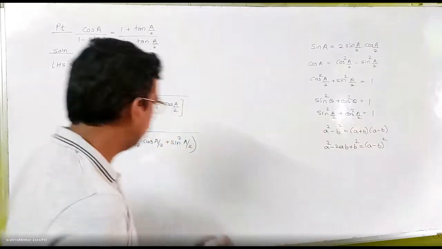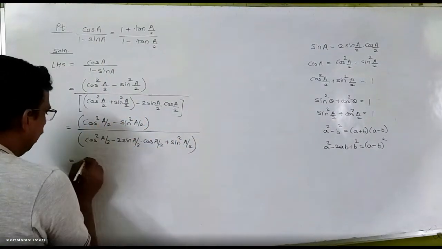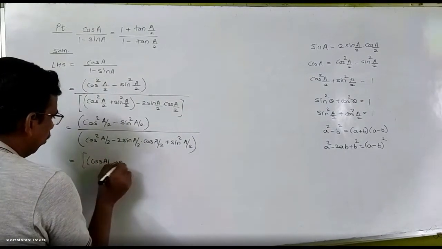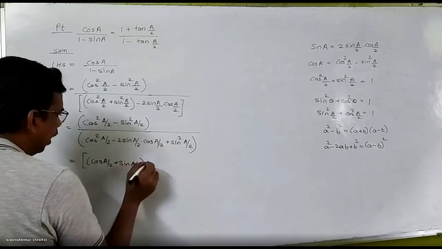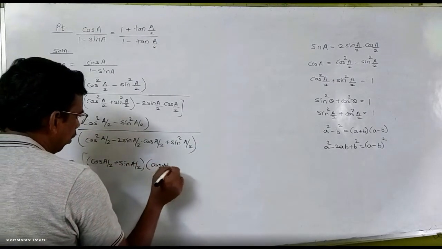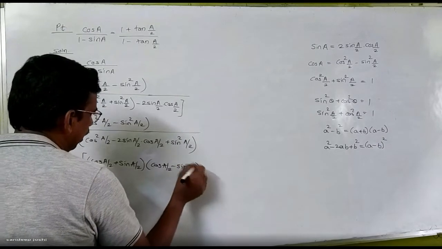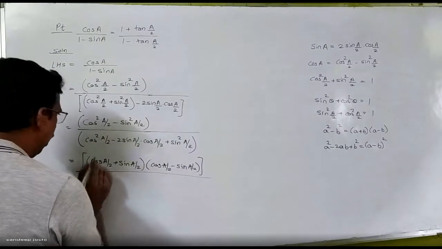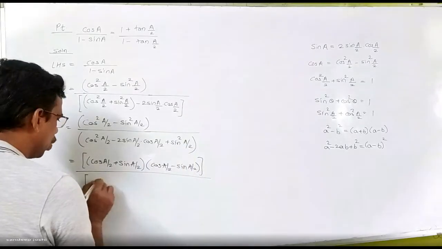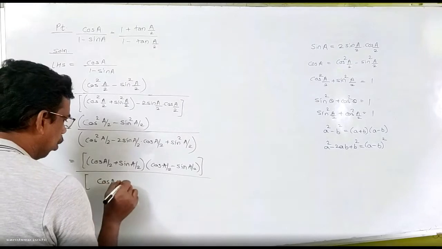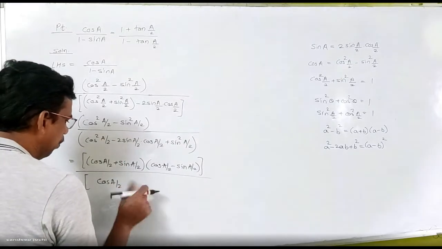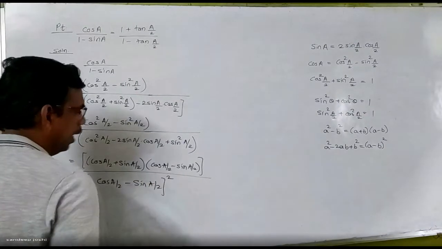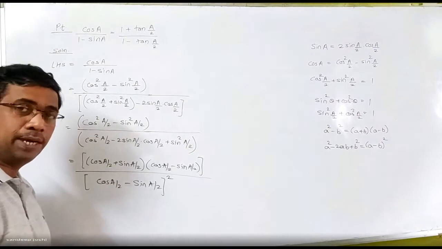And we can do the adjustment: a plus b is cos A by 2 plus sin A by 2, a minus b is cos A by 2 minus sin A by 2, whole divided by a square minus 2ab plus b square. The term can be written as (cos A by 2 minus sin A by 2) the bracket square, that is (a minus b) the bracket square.